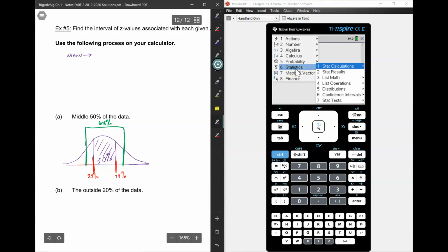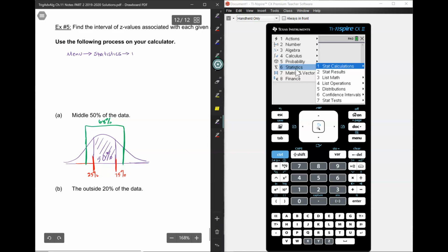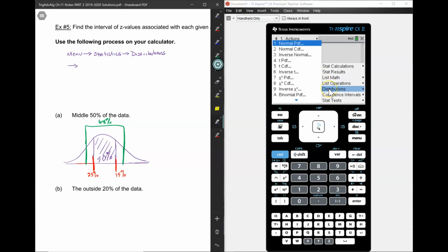So let me go here, Menu, Statistics. And then we're going to go to Distributions. And from there, from Distributions, we're going to select number 3, Inverse Normal.